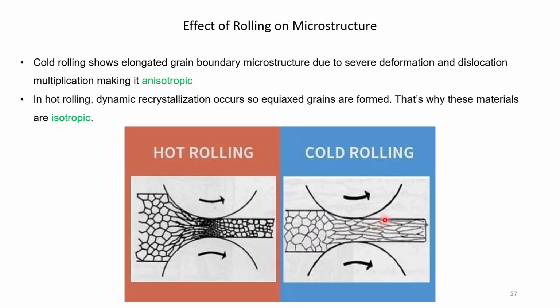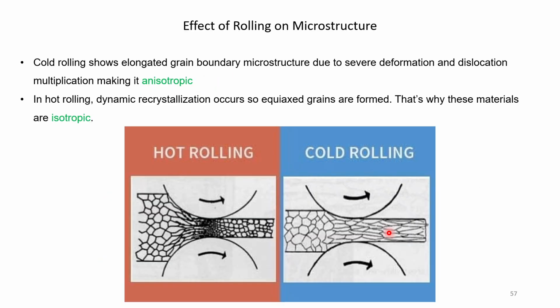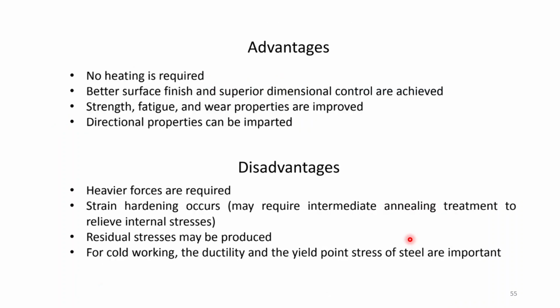This is the cold worked material. In one direction you will have different strength compared to this direction. That's why in cold worked materials you will have better strength, because of this type of structure and because of the higher density of dislocations. And wear properties are related to hardness as well. As I told earlier, dislocation density will affect these properties.